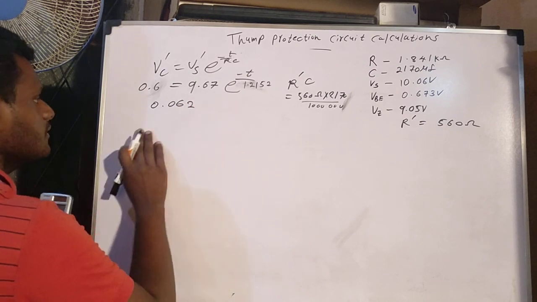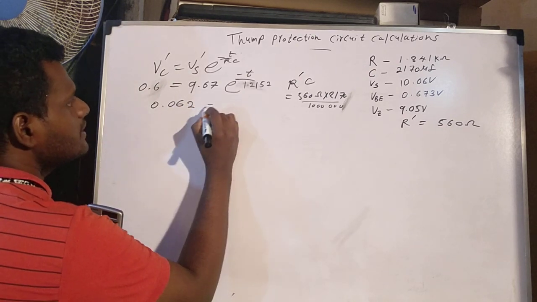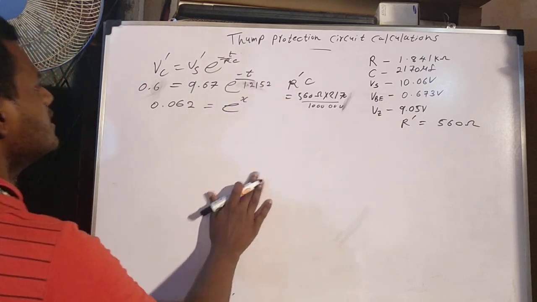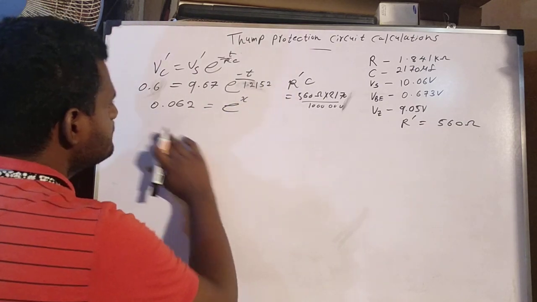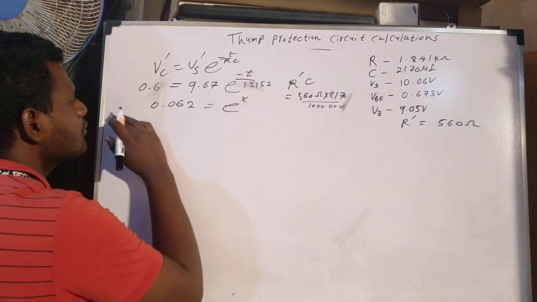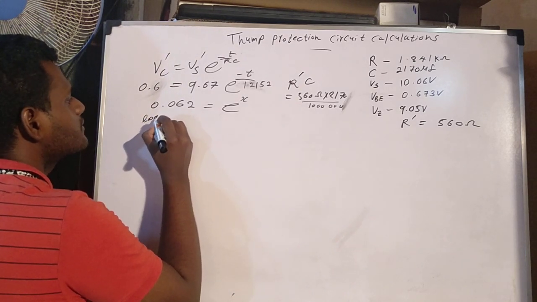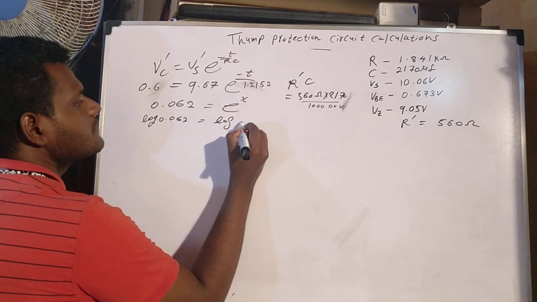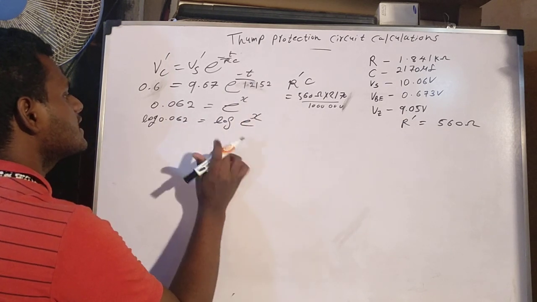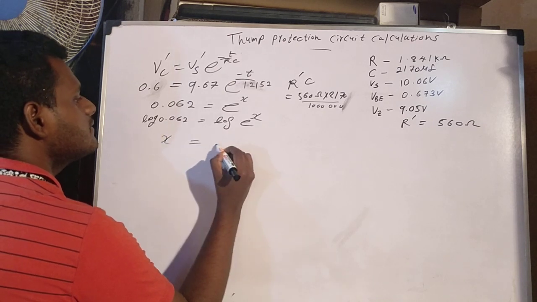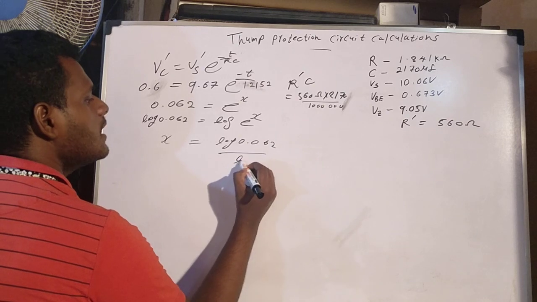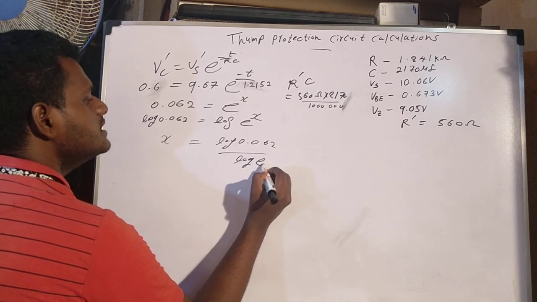Then it equals, I take it as e to the power x. Then we have to find the x. So I am applying logarithm to both sides. Log 0.062 equals log e to the power x. Then x equals log 0.062 divided by log e.